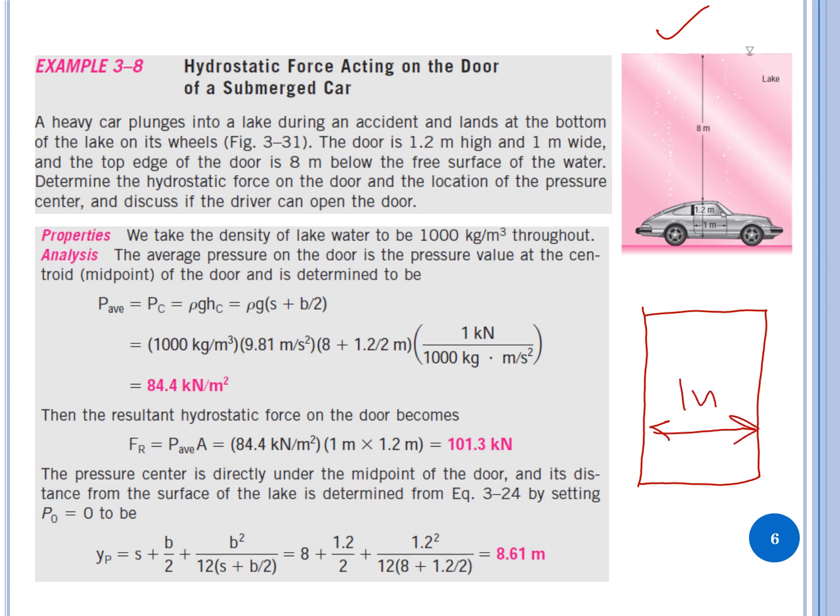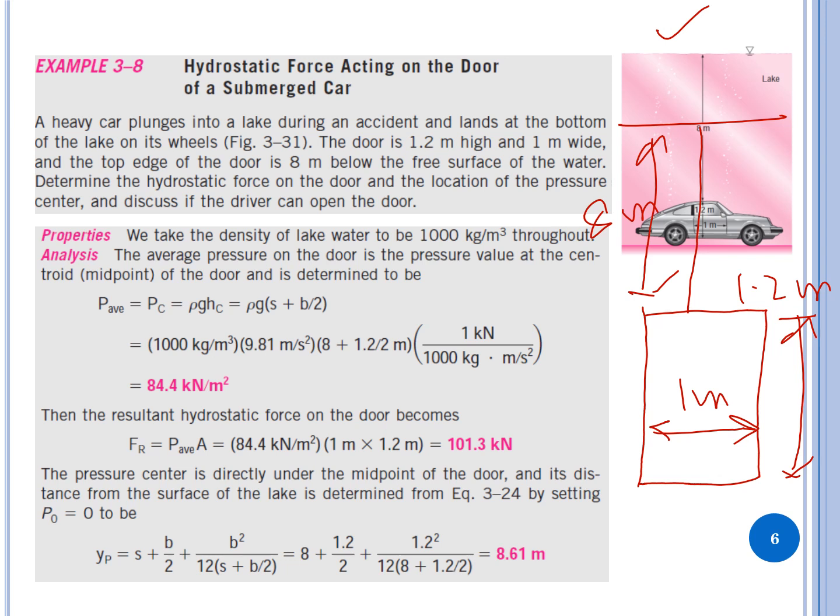So wide is 1 meter and the height is 1.2 meters. The top edge of the door is 8 meters below the free surface. So there is a free surface and that distance is 8 meters. Determine the hydrostatic force on the door.